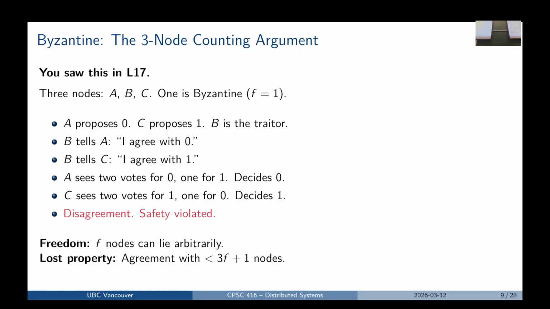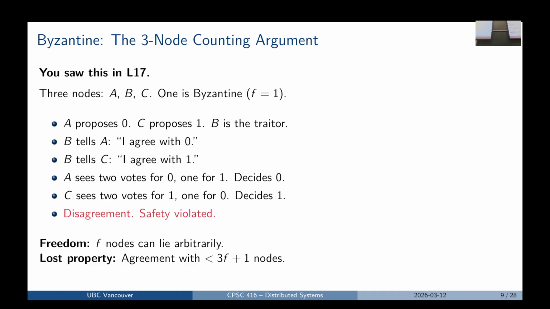In Byzantine, we said, look, if we have 3 nodes and one of them is Byzantine, we're never going to be able to solve that problem. We don't quite have enough information.